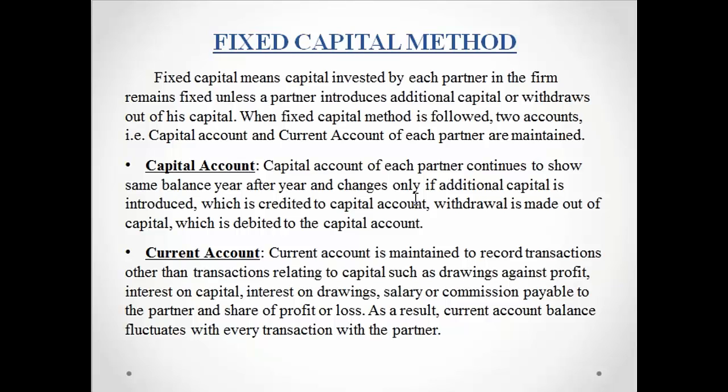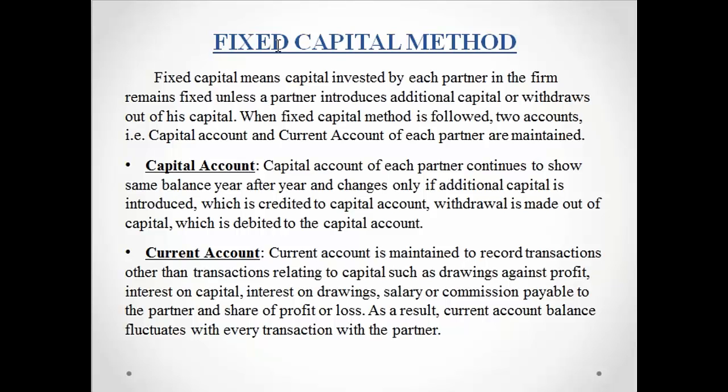For example, interest on capital, interest on drawings, drawings out of profit, salary, commission, divisible profit, and all other such transactions are shown in a special account called partner's current account when the capitals are fixed.